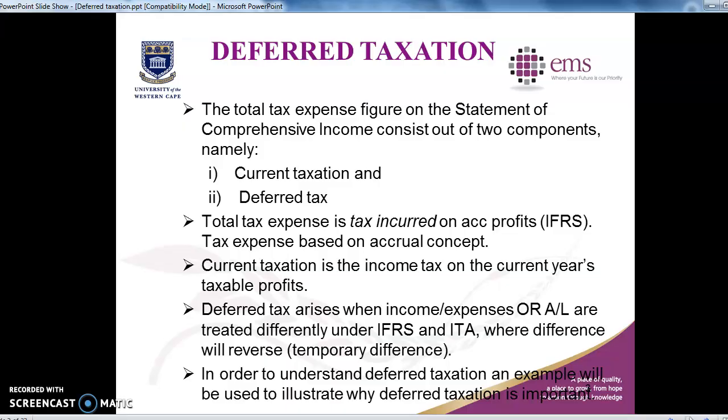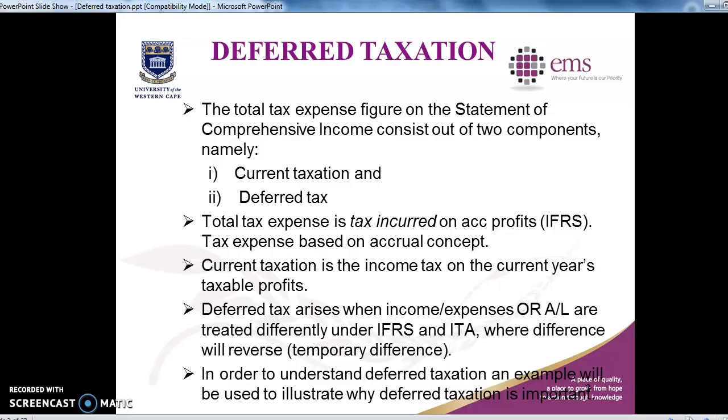Total tax expense is tax incurred on our accounting profits, so it must be calculated based on IFRS, and IFRS involves the accrual concept. Remember, in Chapter 5, our current tax was calculated based on taxable profits, and we calculate our taxable profits taking into account the tax legislation.